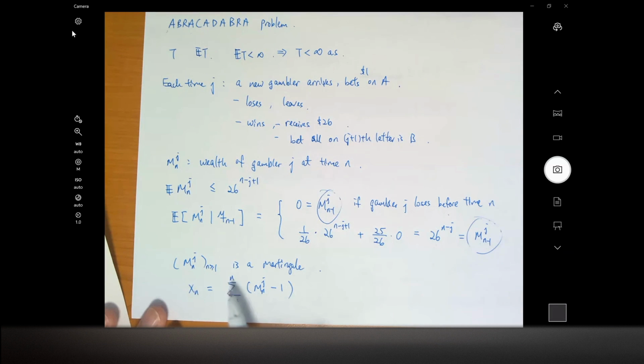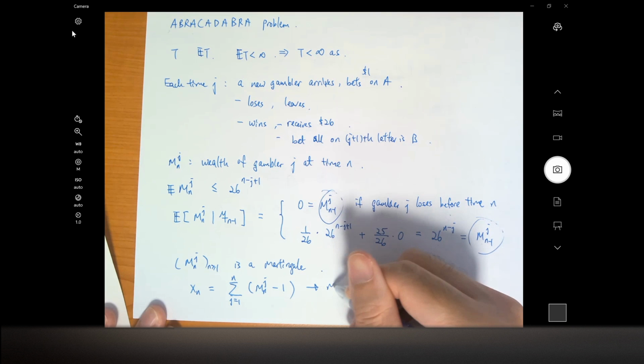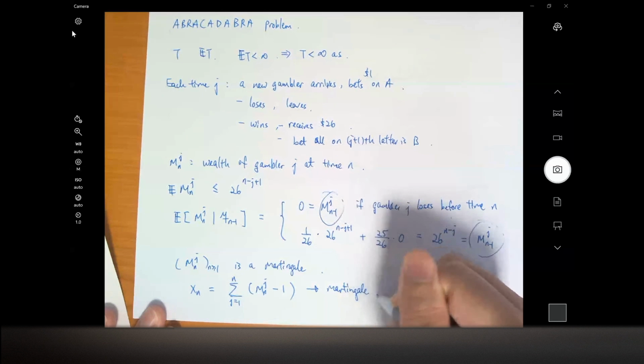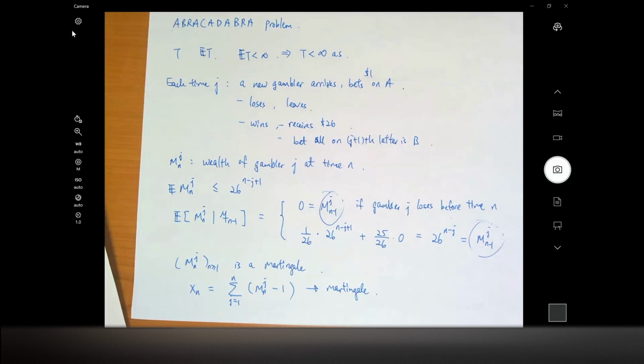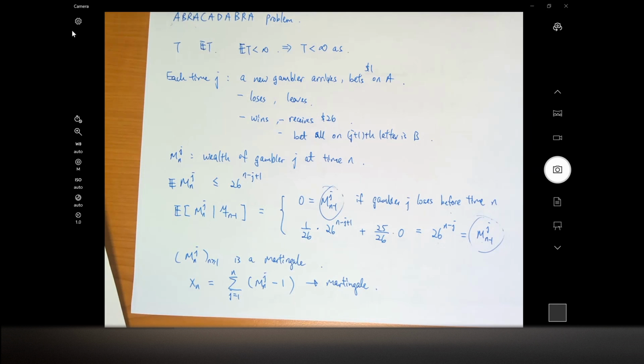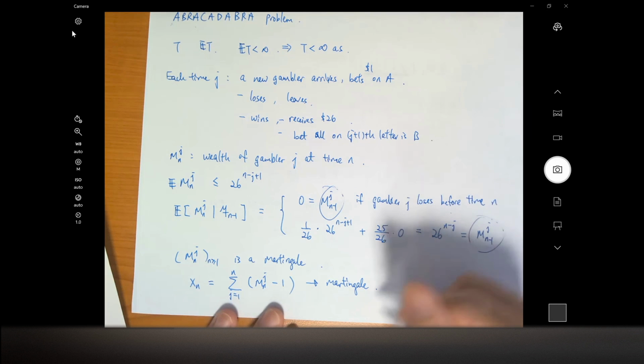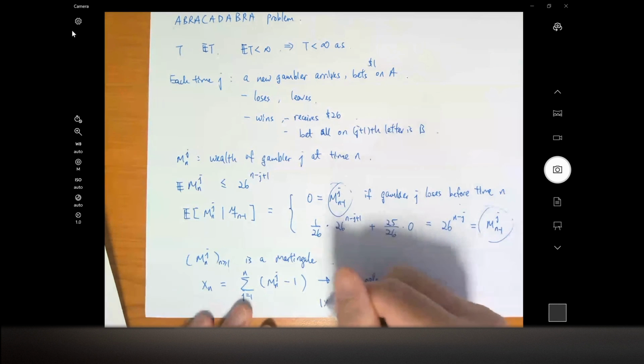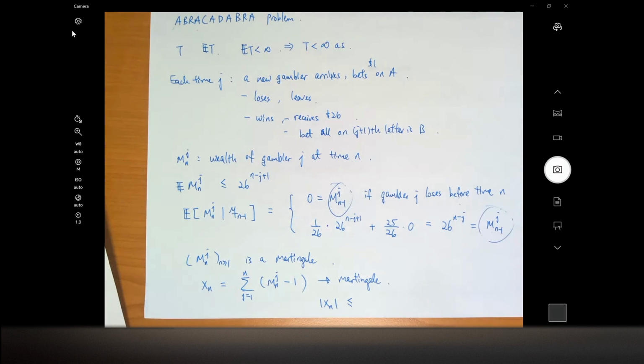Since each of them is a martingale, you can prove that this sum itself, this Mn, is also a martingale. This one is easy to prove, because each of the terms is itself a martingale. Moreover, it is a bounded martingale. So the bound is what Sn is.